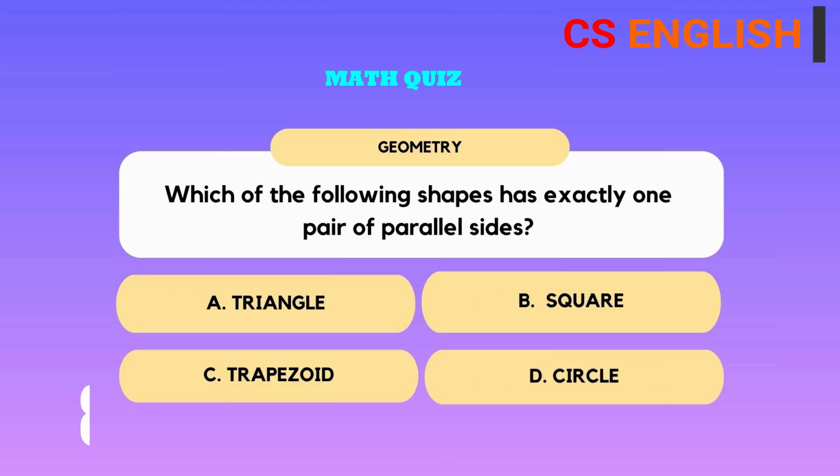Which of the following shapes has exactly one pair of parallel sides? A. Triangle. B. Square. C. Trapezoid. D. Circle.